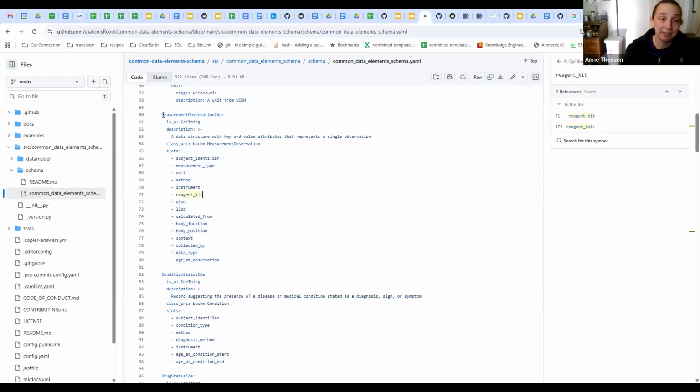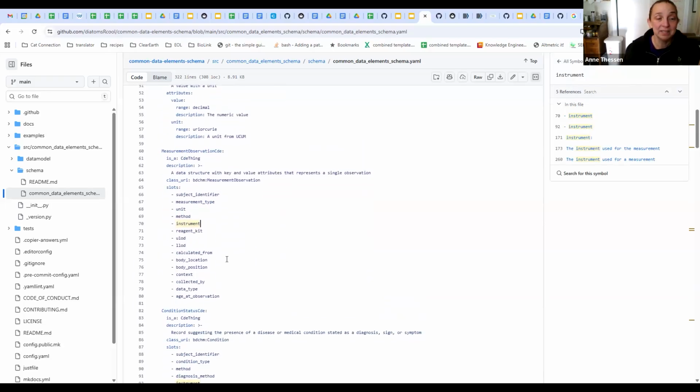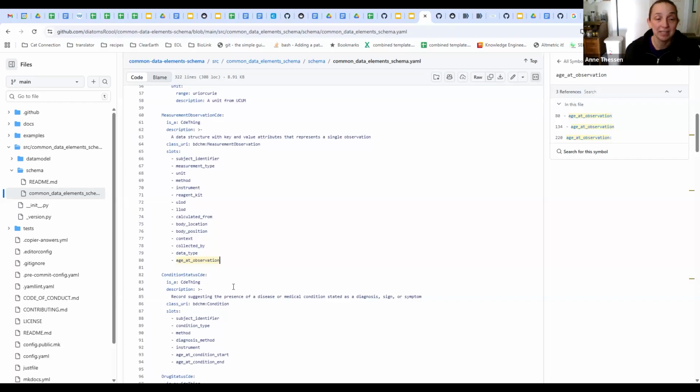Now, this is also very high level. You almost never get someone who's just taking a generic measurement. And so you see here where it says measurement observation is a CDE. If I wanted to make a CDE then for cholesterol, total cholesterol, it would be a measurement observation.